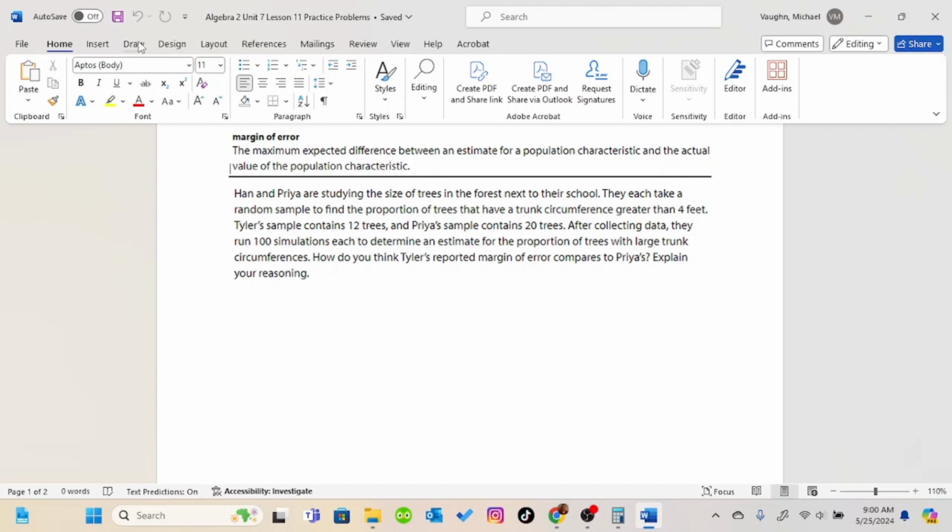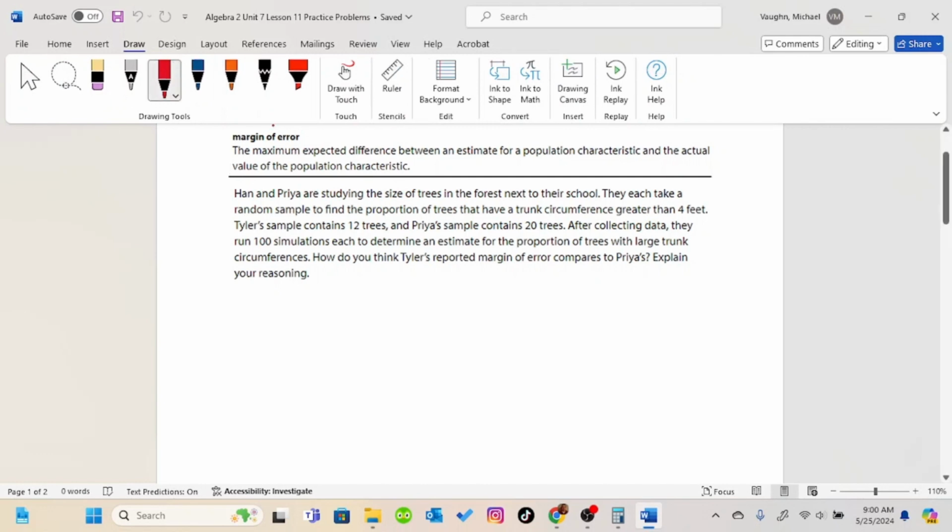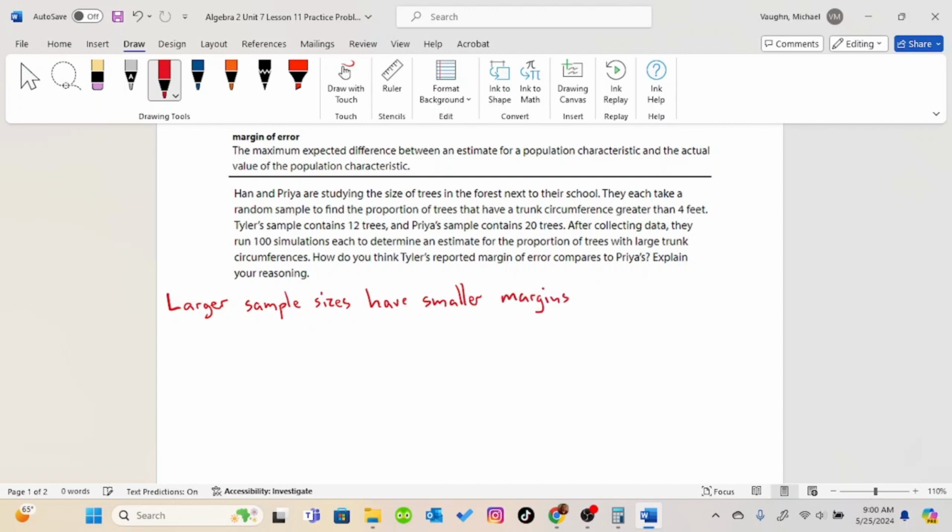So the main point that we need to understand here is larger sample sizes have smaller margins of error.